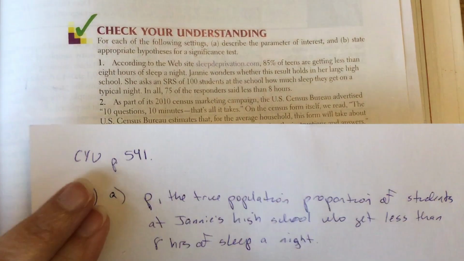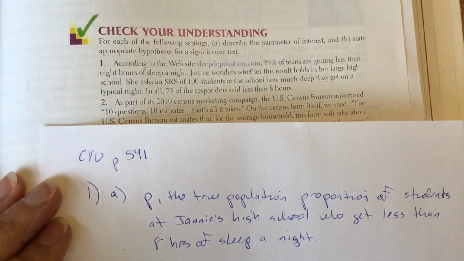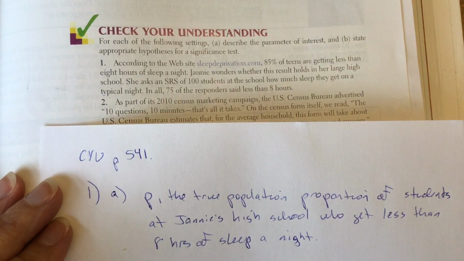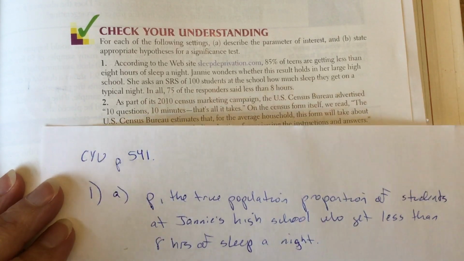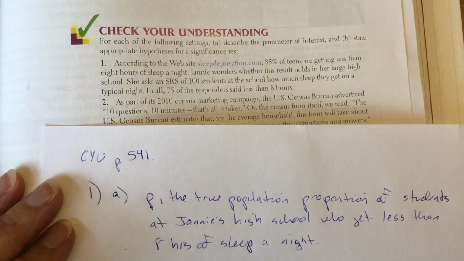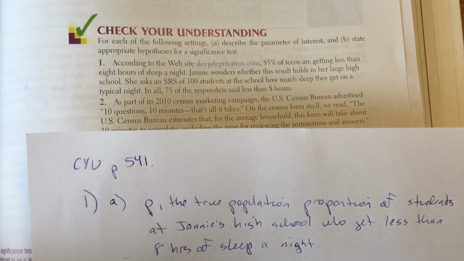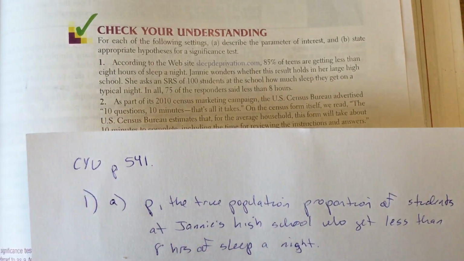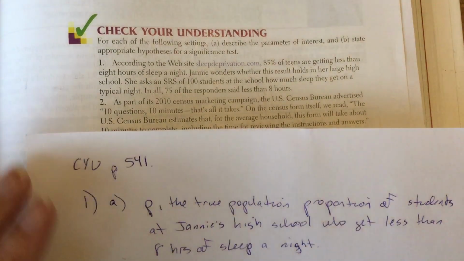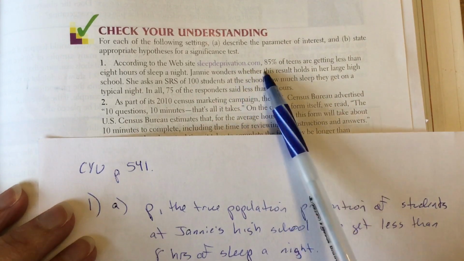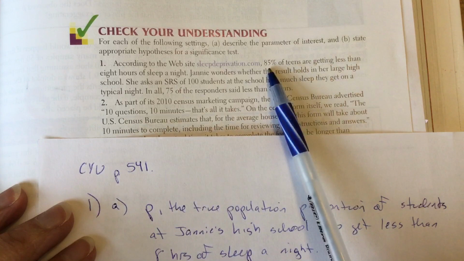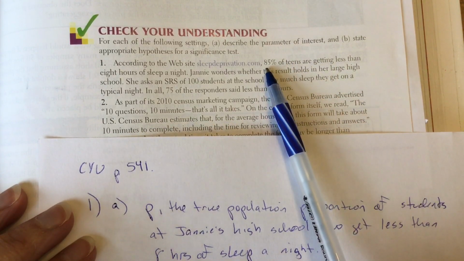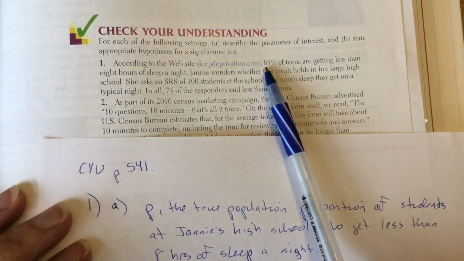Now for our hypotheses, we need to figure out our null hypothesis, or H0, and our alternative hypothesis, or HA. So the H0, or the null hypothesis, is again the status quo. What is the norm? What does everybody think? Well, according to sleepdeprivation.com, 85% of teens are getting less than 8 hours of sleep a night. So that 85% is going to be the value for my null hypothesis.